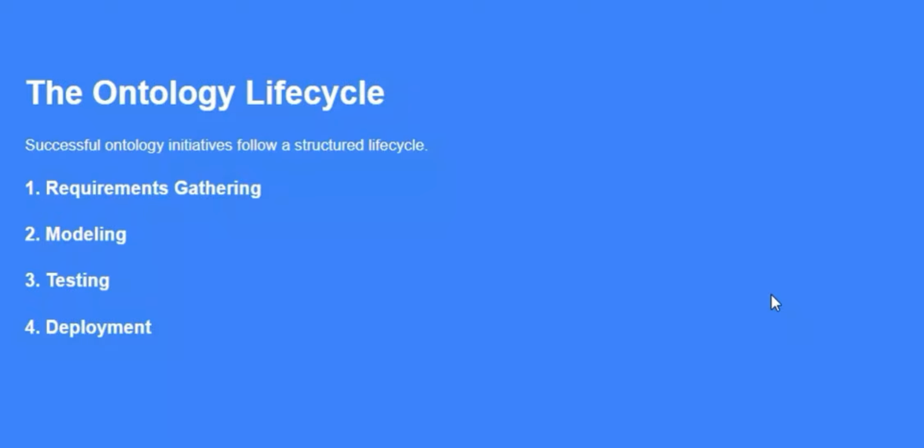The next module is ontology lifecycle, where we will be discussing a structured lifecycle that includes requirement gathering, where we have to define the business objectives, identify stakeholders and use cases, and determine the domain scope. Second is modeling: develop classes, properties, and constraints.